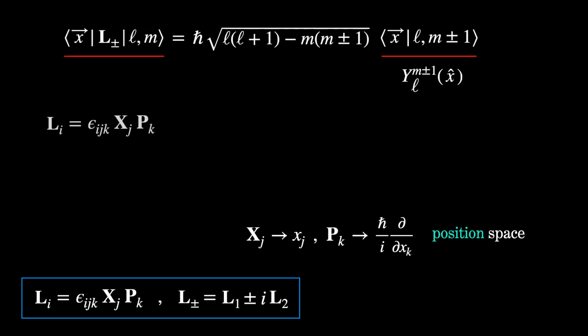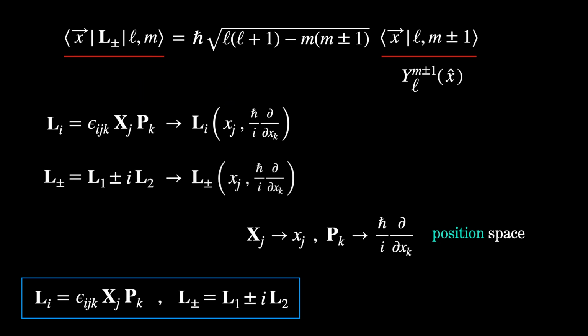First start with each component of the angular momentum. Then plug this into the definition of L plus minus. An important point to note, and this is something we will use later, is that L plus minus depends linearly on position and momentum.